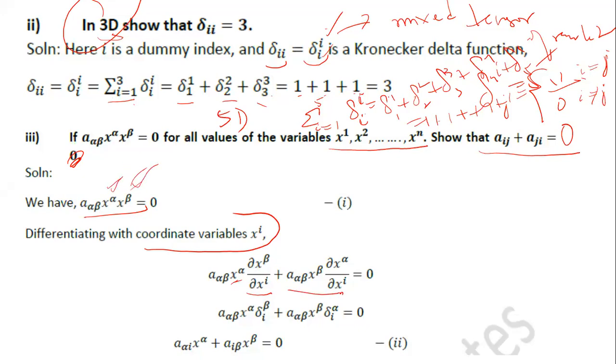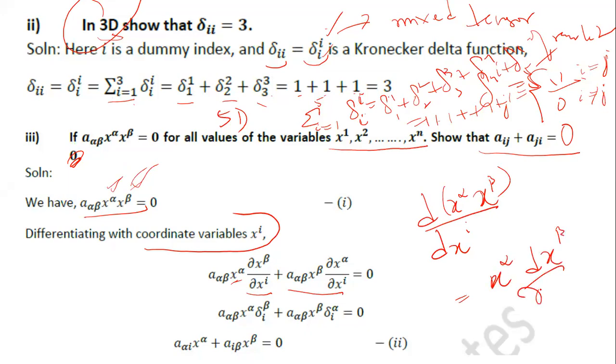So you have 2 terms after differentiating with xi, right? So it's like differentiating x alpha x beta with respect to xi. So x alpha times the differentiation of x beta with respect to xi, plus x beta times the differentiation of x alpha with respect to xi. That's it, right? So you have two terms.